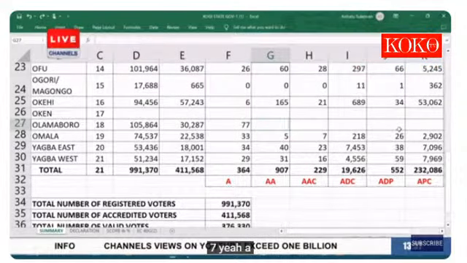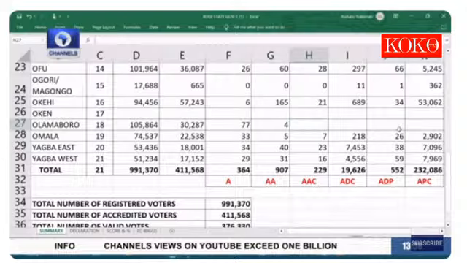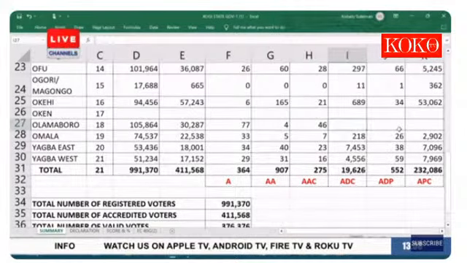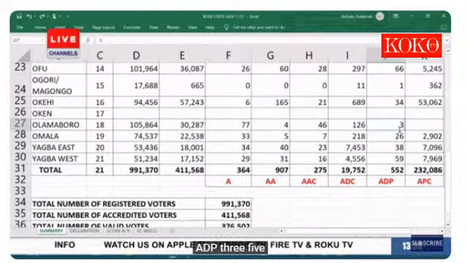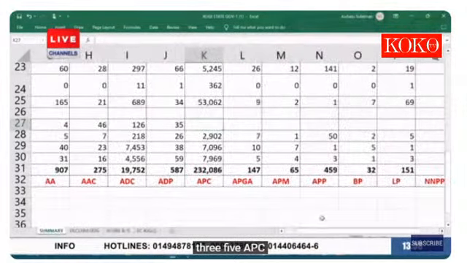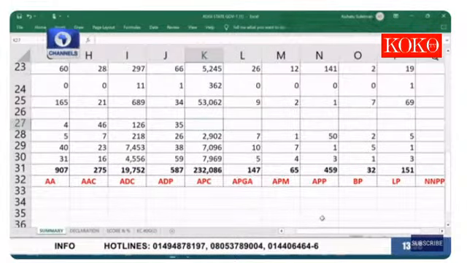AA, 4. AAC, 46. ADC, 126. ADP, 35. APC, 5572.